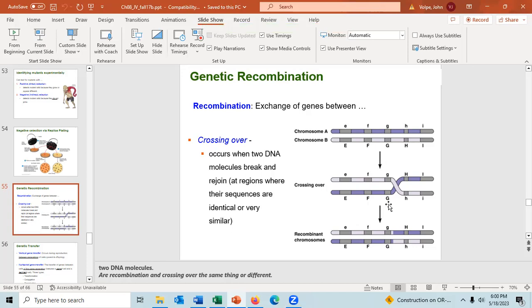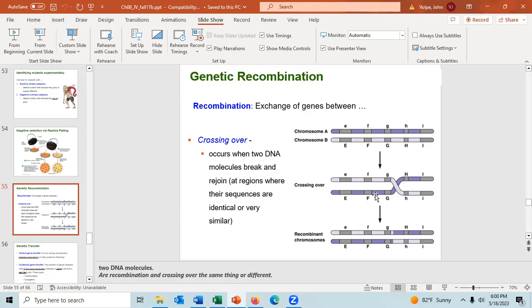All right, so how do recombination and crossing over differ? They're very similar, but they're not exactly the same. Recombination is a little more general, and that is it's an exchange of genes between two DNA molecules.